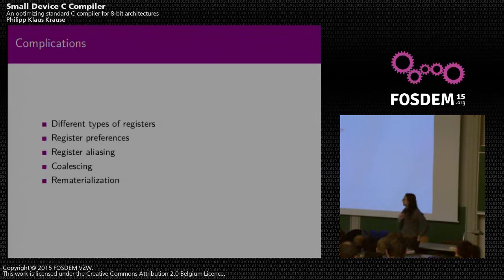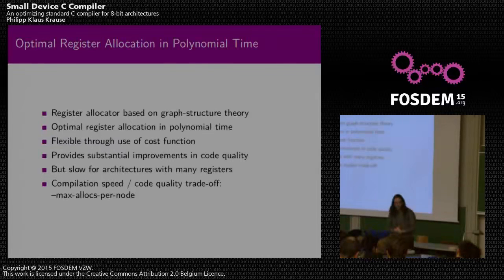And sometimes memory accesses are expensive, so if you put it in a register, okay, it's worth it, but it might be cheaper to recalculate it than storing it into memory. So all these complicated things have to be considered by a register allocator. Fortunately, we do have optimal register allocation in polynomial time, which no other compiler has.